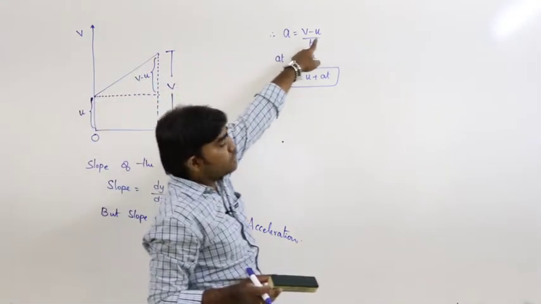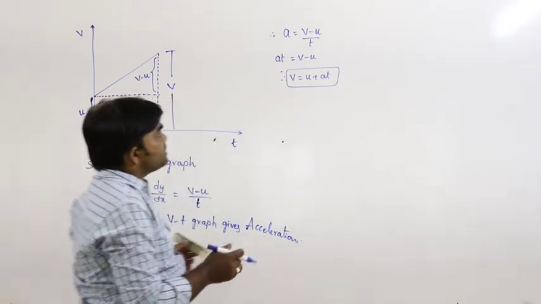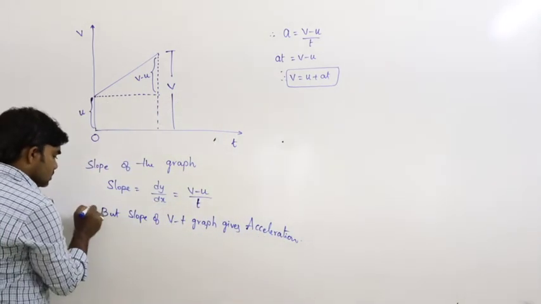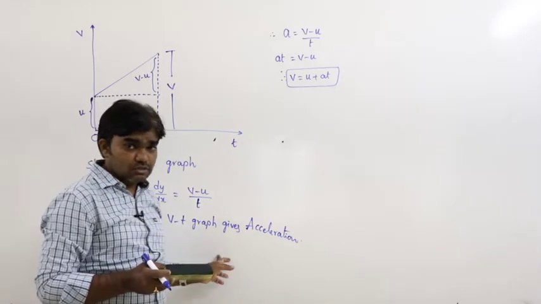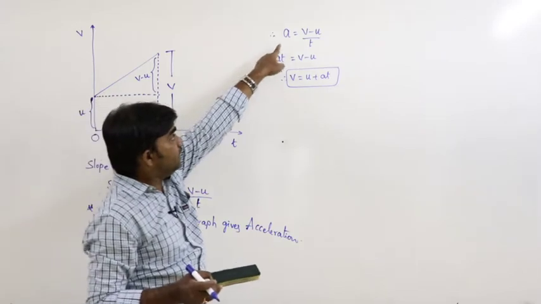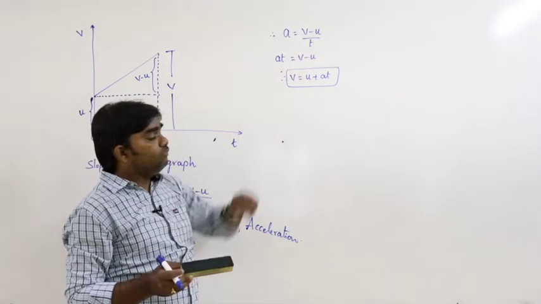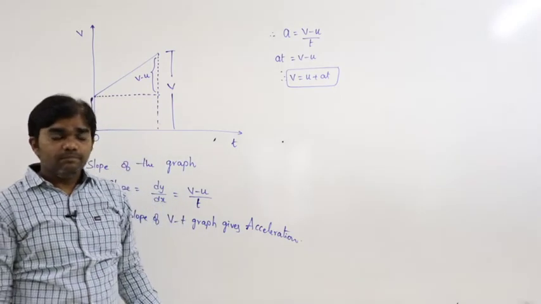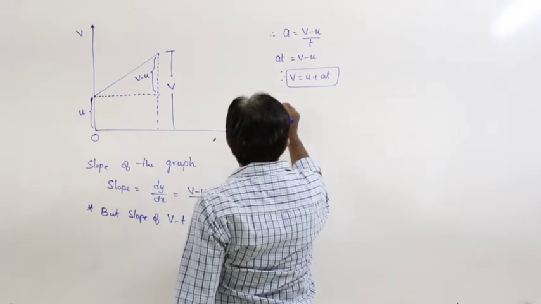We know slope of velocity time graph gives acceleration, that's why a is equal to v minus u by t, at is equal to v minus u, v equals u plus at. That is the graphical derivation.